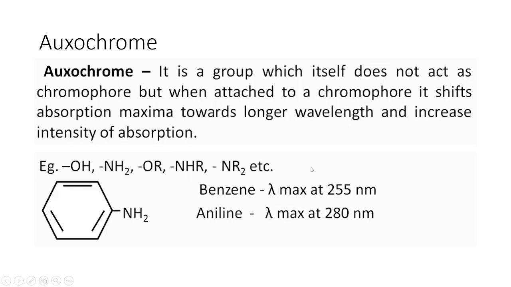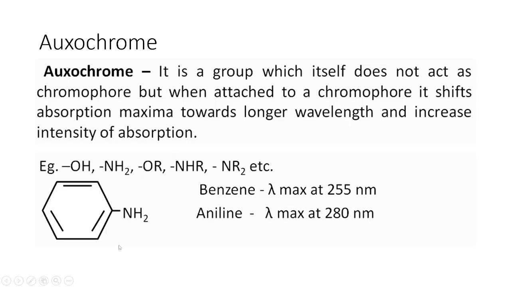That means it's not a chromophore, it just increases the intensity of the absorption or shifts the lambda max to the longer wavelength. Here NH2, OR, NHR, and NR2 etc. are auxochromes. The condition for auxochrome groups is that they should contain lone pair electrons.